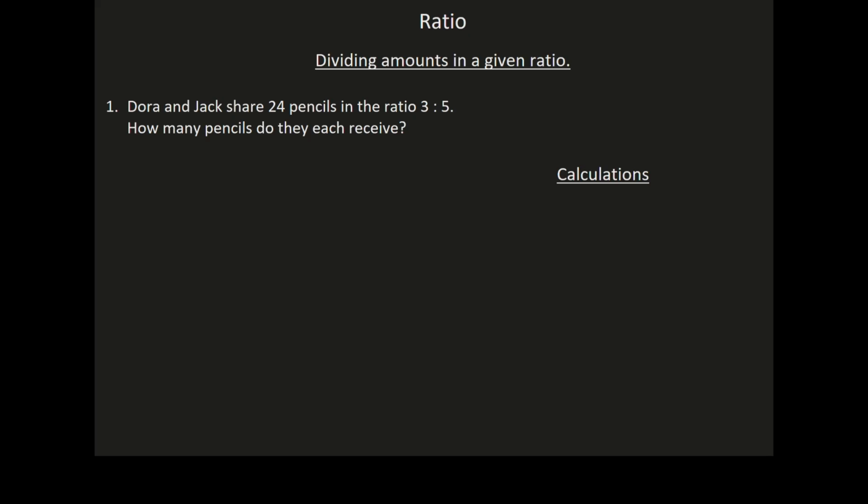In this case, I will be drawing a bar model to calculate how much one part is worth. Dora's ratio is 3. So this is my bar model, 3 parts, and Jack's ratio is 5.